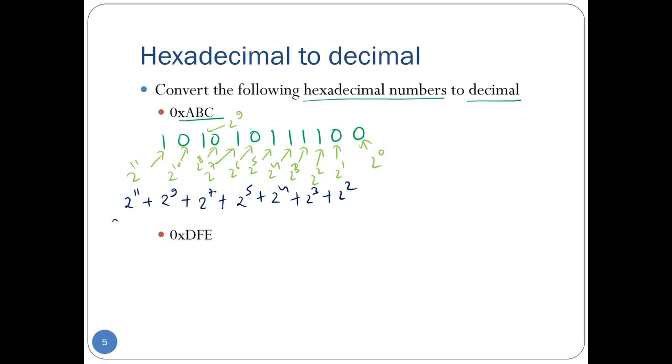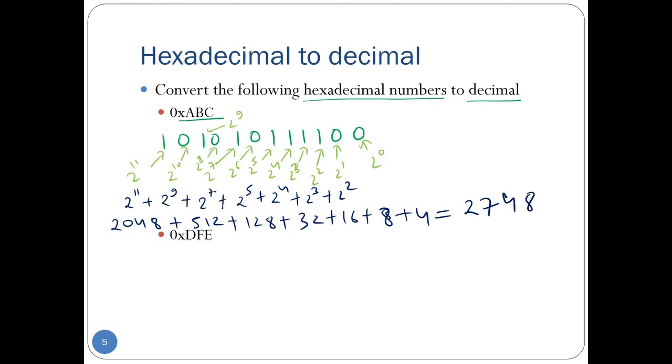So 2 to the power 11 is basically 2048, 2 to the power 9 is 512, 2 to the power 7 is 128, 2 to the power 5 is 32, 2 to the power 4 is 16, 2 cube is 8, and 2 square is 4. If we add all of this, we get 2748.